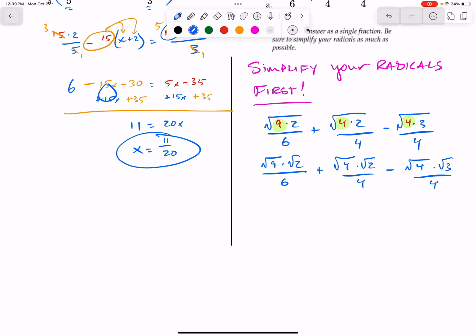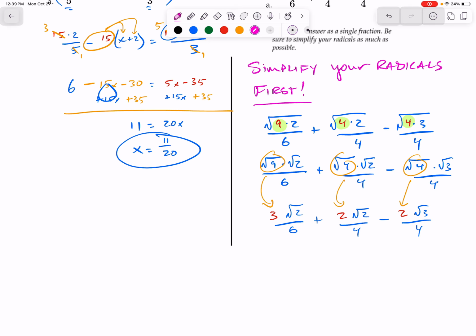And these things just become 3 times the square root of 2 over 6 plus 2 times the square root of 2 over 4 minus 2 times the square root of 3 over 4, right? So these things are just perfect squares. That's all I've done there.